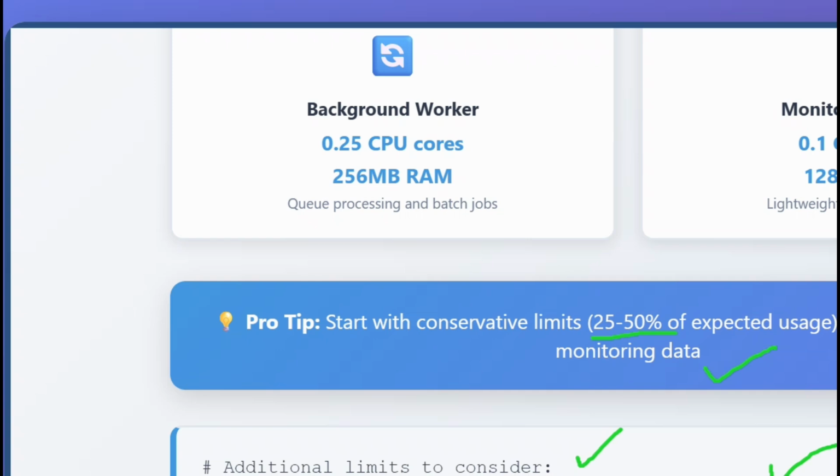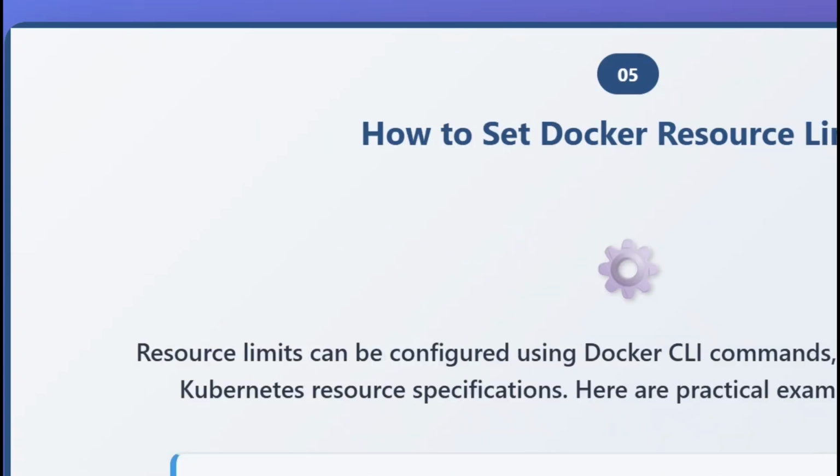If we specify this, it will set a limit on that count. The process count, or process IDs, will also be limited up to this particular limit. These extra controls will help prevent resource exhaustion and maintain system stability across all container types. Moving to the next slide, we will discuss how to set up Docker resource limits.